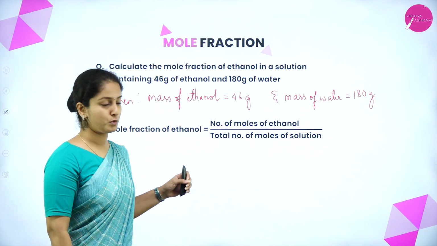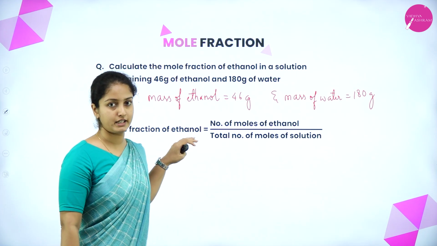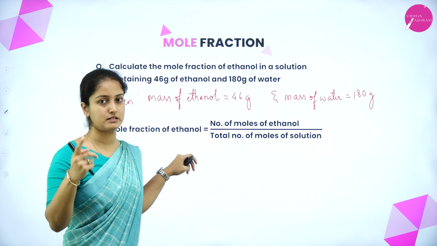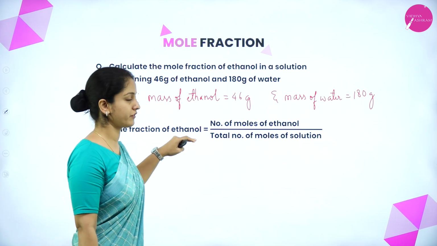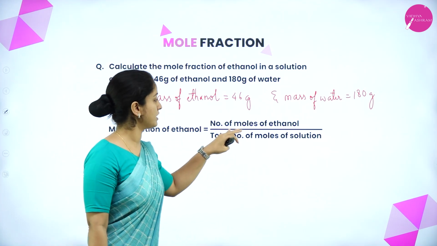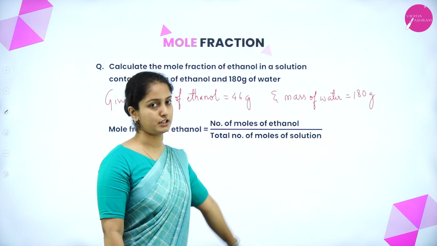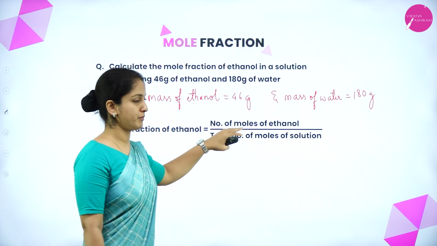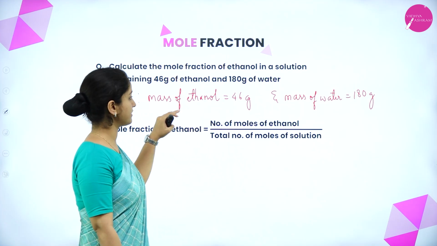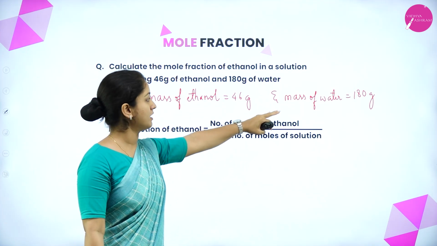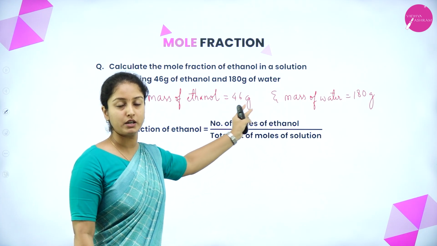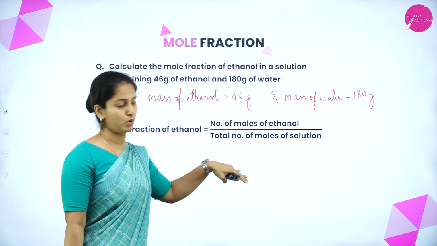Using the formula of mole fraction, we have to find the mole fraction of only one component, that is ethanol. Mole fraction of ethanol is equal to number of moles of ethanol divided by total number of moles of solution. In the formula it is given number of moles, but in the data it is given mass of ethanol and mass of water. Now how to convert from mass to moles?